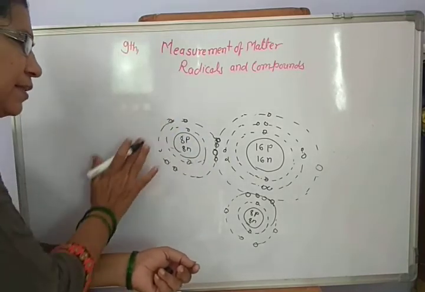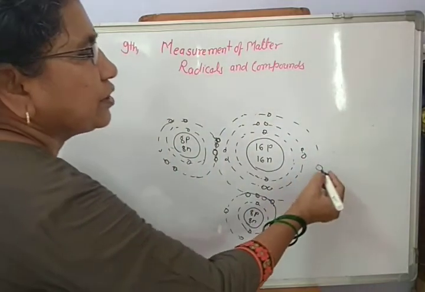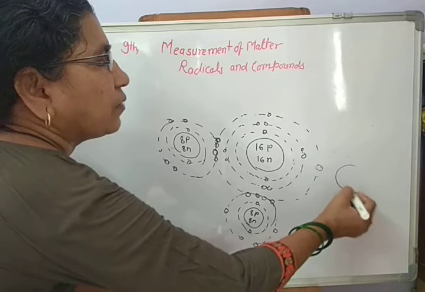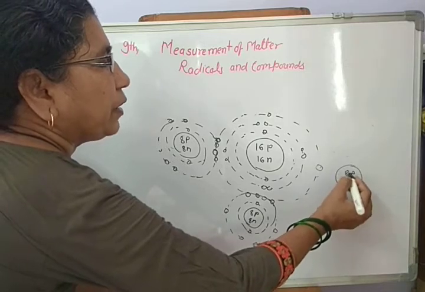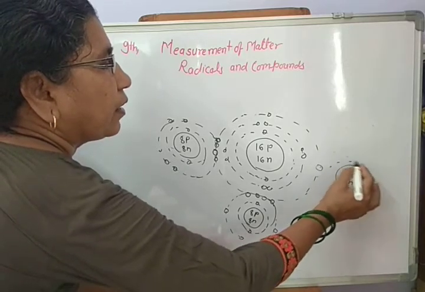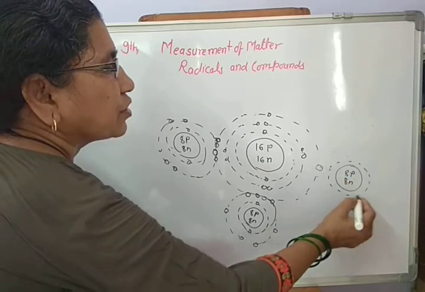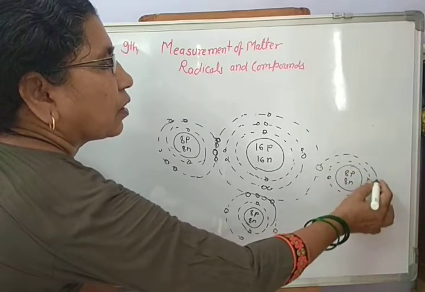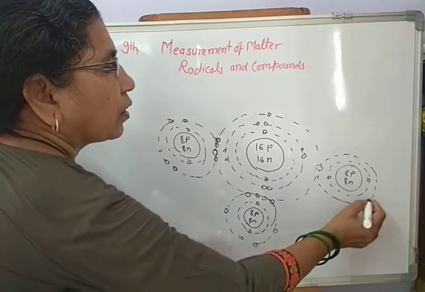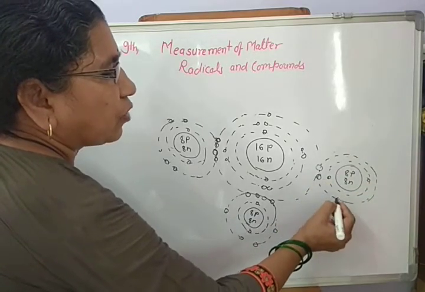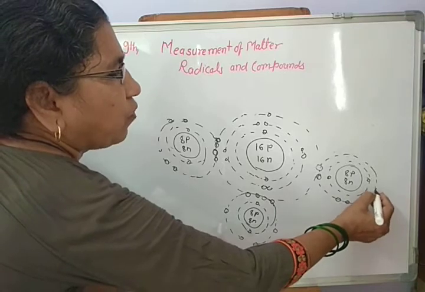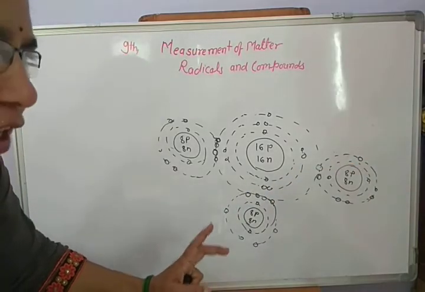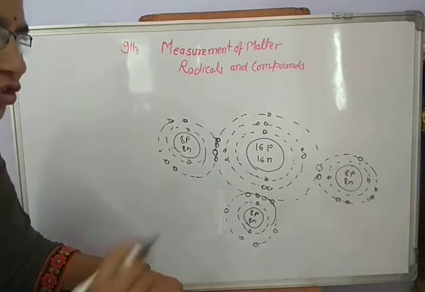Now what happens? There are 2 electrons. So here 1 oxygen atom will be here. 8p, 8n, 2 electrons. Now this will share only 1 electron. 1, 2, 3, 4, and in this pair 1 electron is less in oxygen.